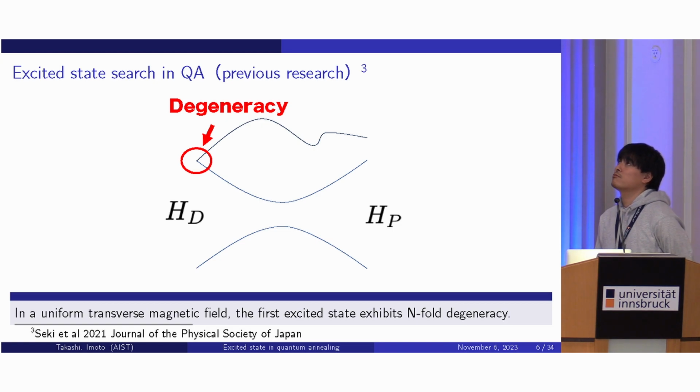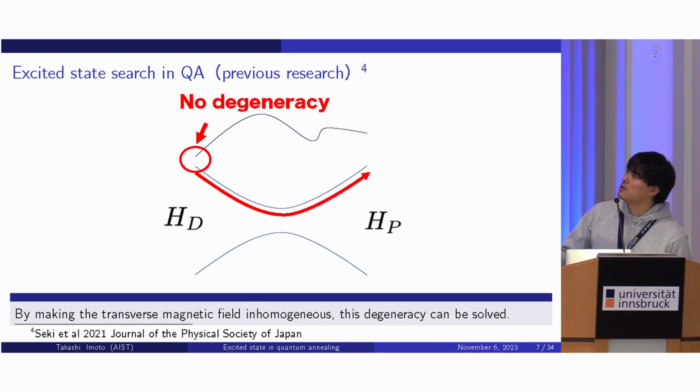This is a schematic diagram of excited state search. We can see that the first excited state of the driver Hamiltonian is n-fold degenerate, and by making the transverse field inhomogeneous, this degeneracy can be resolved.